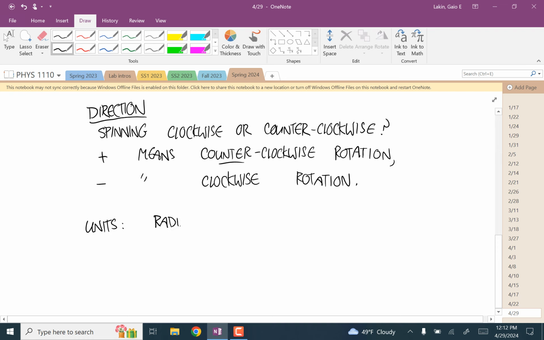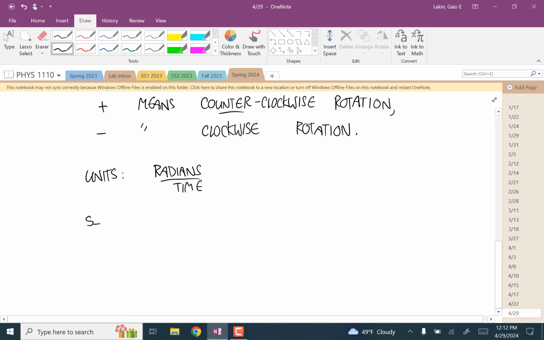So in general, the units are these, and that means that the SI units for angular velocity are radians per second.